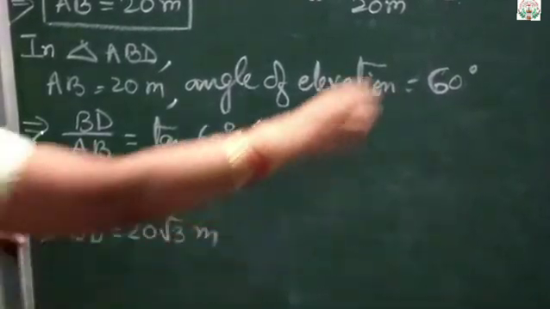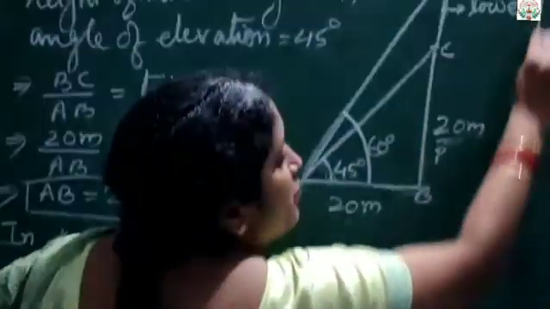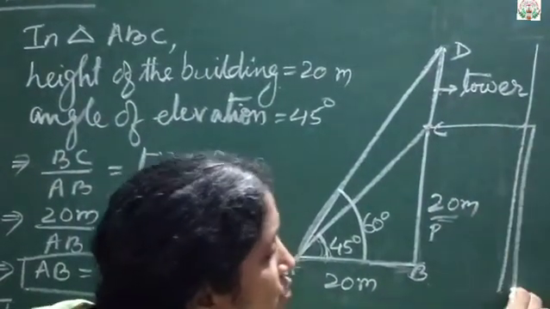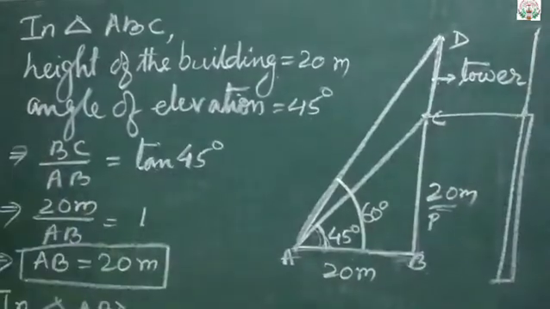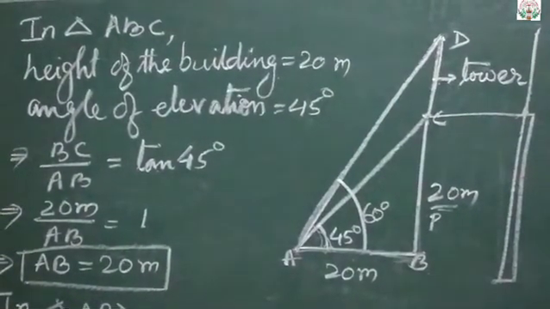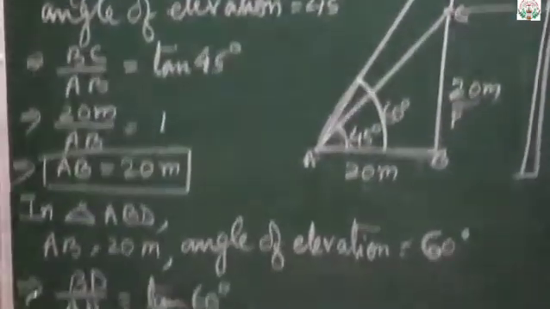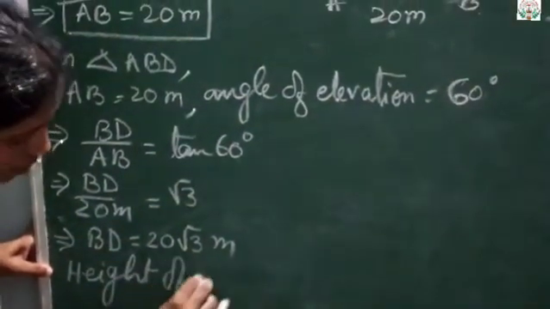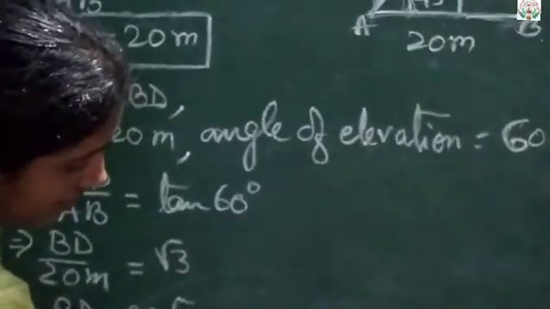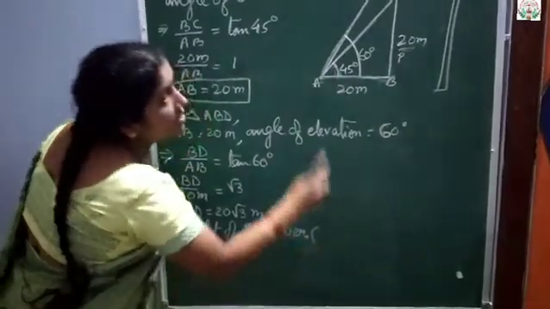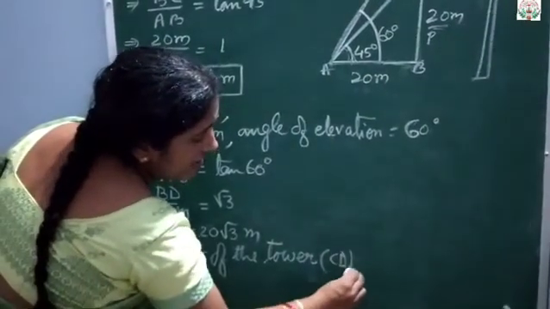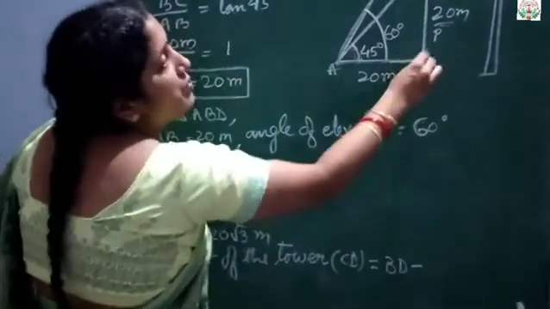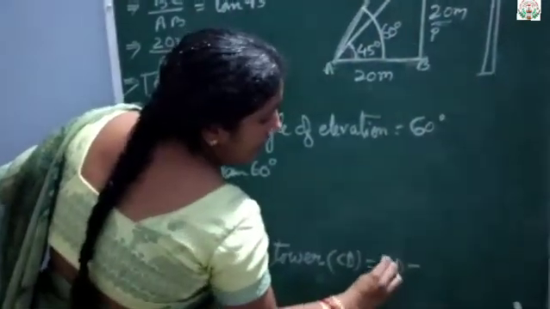So now BD is known to us, and BC is also known to us. Then can we get the height of the tower? That is BD minus BC. So you can write the height of the tower, that is CD, equals BD minus BC, the whole height minus the height of the building.